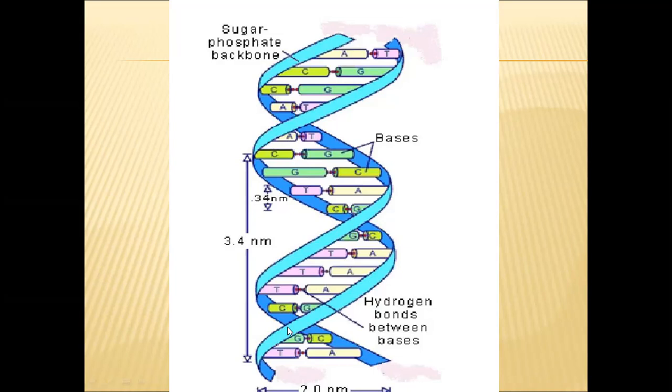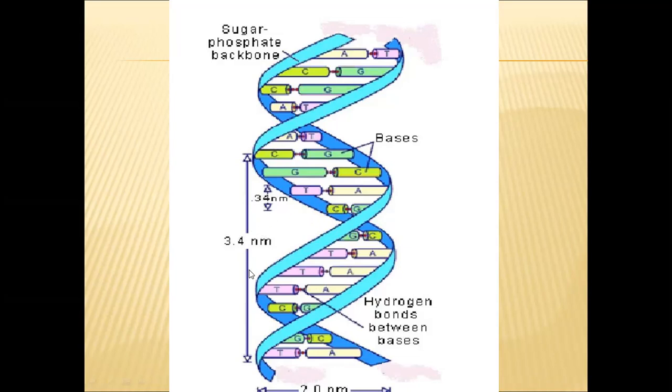While these two polynucleotide chains are turning around each other, they are forming two grooves. See here, in this complete turn, the gap between these two is bigger than the gap between these two. So this is called the minor groove, and this is called the major groove.